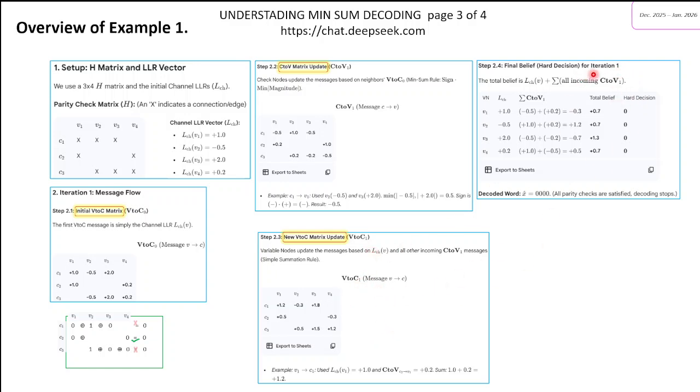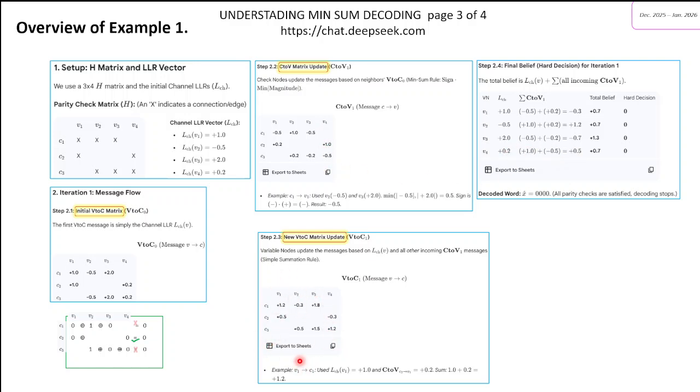If in the first iteration we want to stop the decoding algorithm, we will compute the final belief. To compute the final belief, we will list the initial LLRs and then add the column values, as I am indicating here, to the LLR.